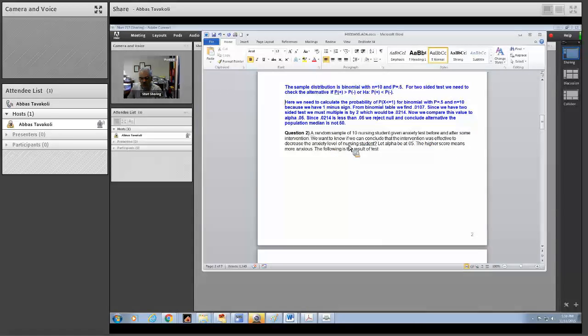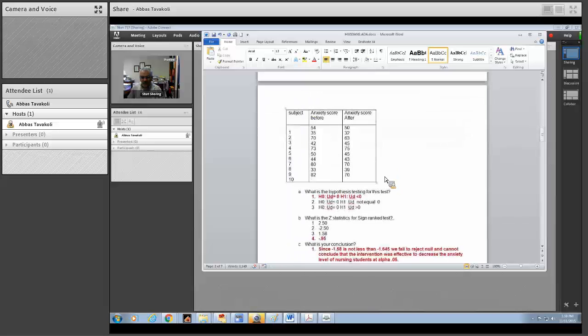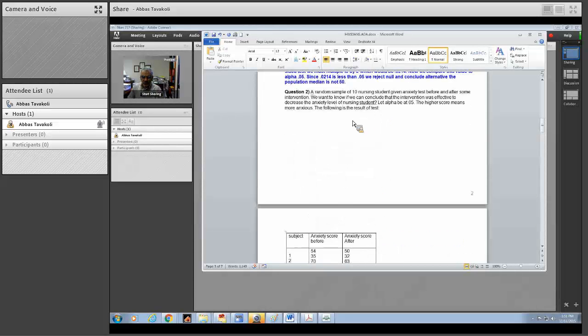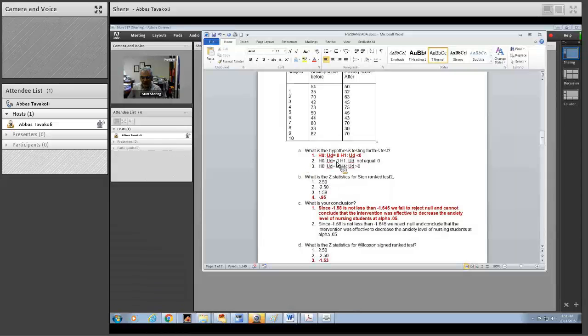We wanted to know if we can conclude that the intervention was effective to decrease. Here the word decrease shows it's a one-sided test. So again, for those 10 students, these are before, these are after. What was the hypothesis? Here we are testing the mean difference equals 0 versus less than, a one-sided test, because the keyword was decrease, so that's the correct answer.